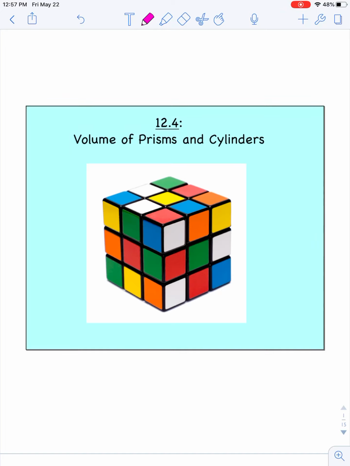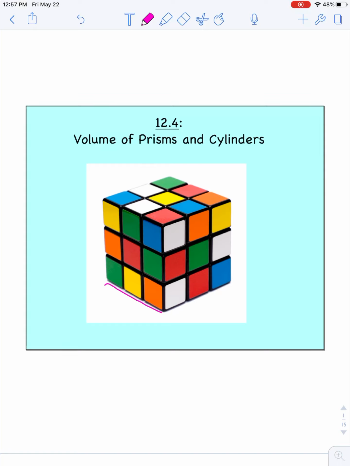So when we look at the volume, we're looking at what fits inside. Surface area is what would cover the outside surfaces all added together. Volume is what's inside. So we look at the number of cubic units that make up a solid.